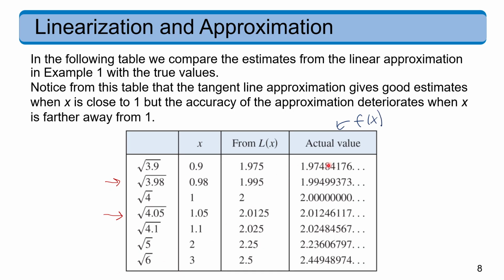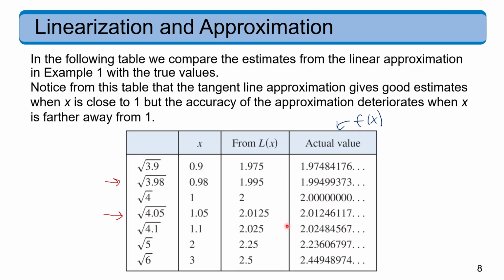So if you compare these two, they're pretty good. These are good. These are perfect. Why is that one perfect? Well, this square root of 4 is associated with an x value of 1, right? Because it's the square root of 1 plus 3. And notice when we plug 1 into L and we plug 1 into f, they're the same. That's because x value 1 was the point where it was tangent.